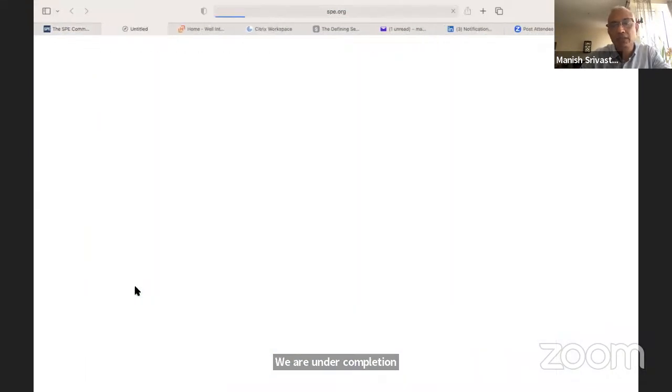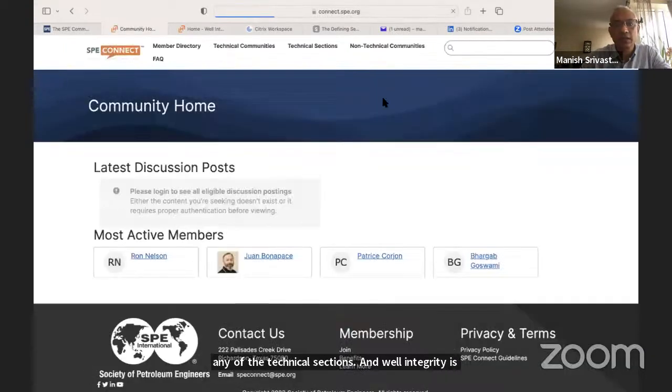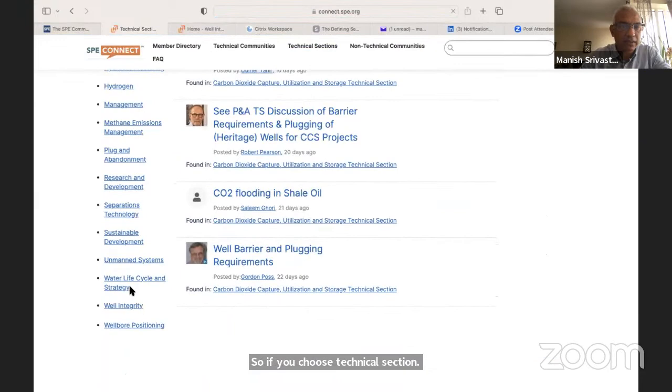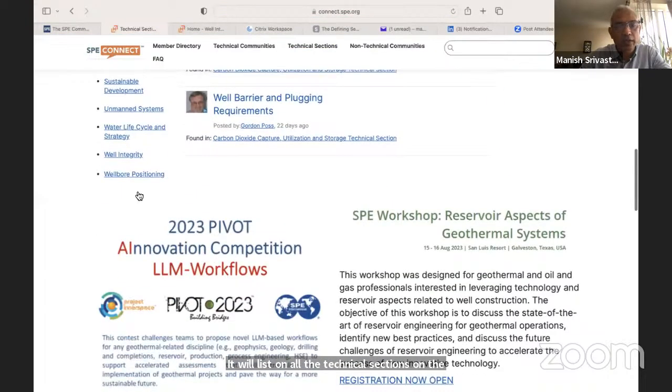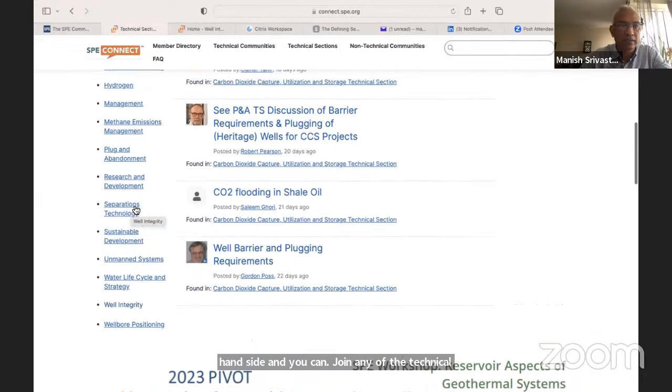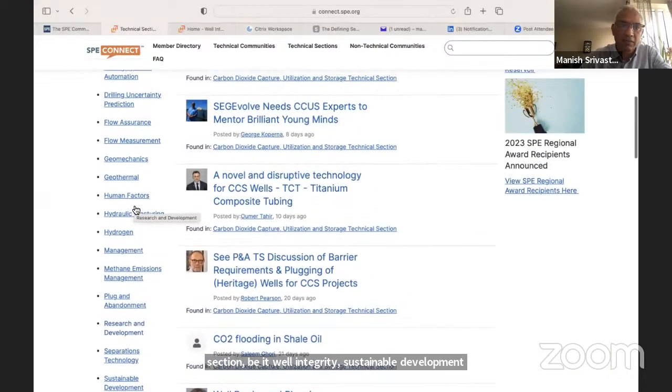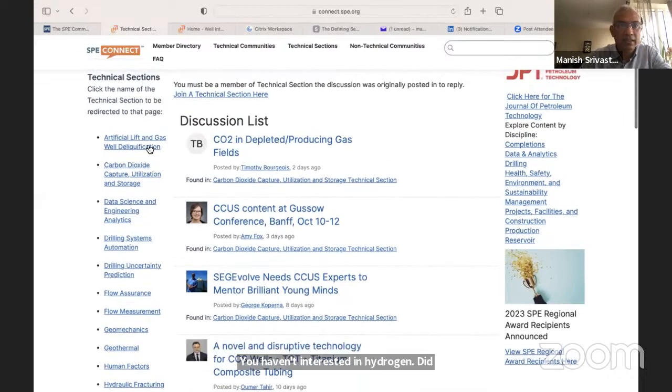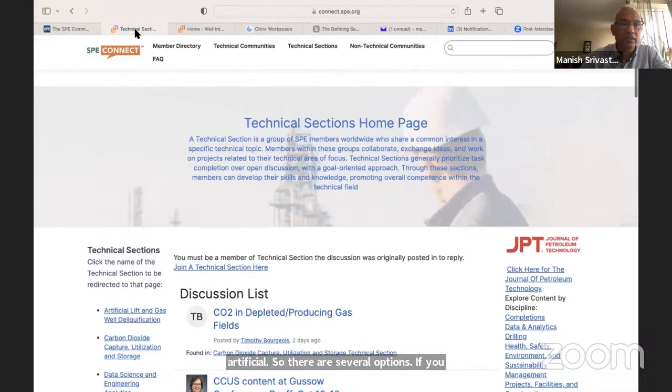You can choose any of the technical sections, and well integrity is one of the technical sections under Completions. If you choose technical section, it will list all the technical sections on the left-hand side, and you can join any of them, be it well integrity, sustainable development, plug and abandonment, hydrogen, data science, or artificial lift. There are several options to select. If you select well integrity, it will take you to this web page.